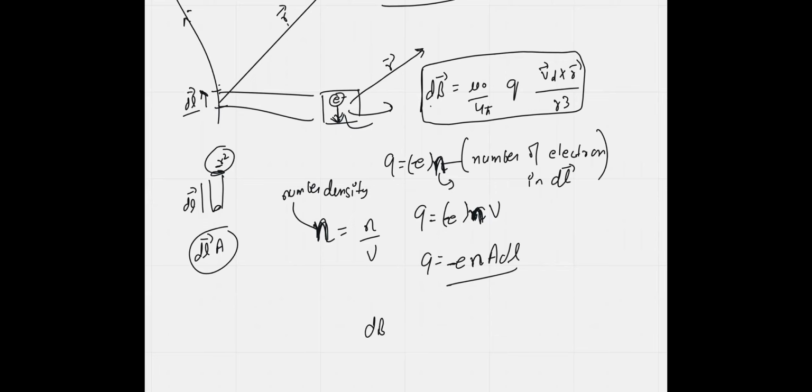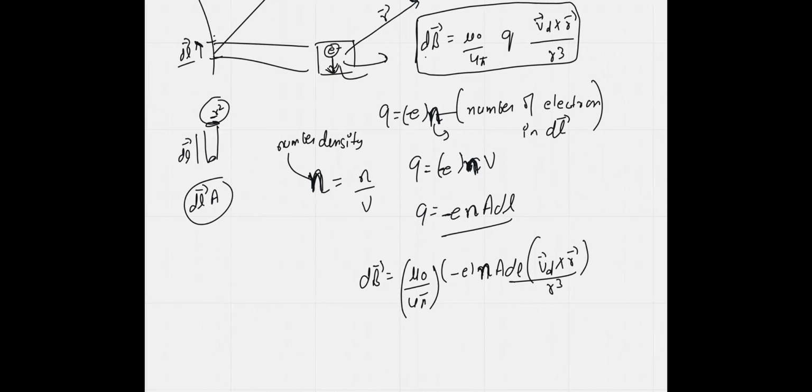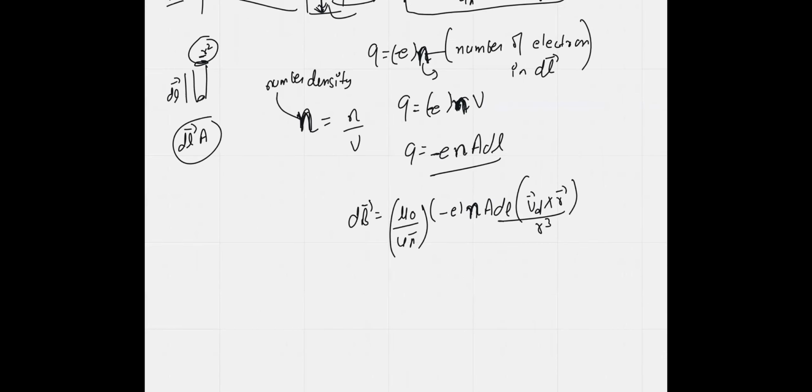So dv will come out as mu naught by 4 pi, q is minus e, n number density, a dl, and vd cross r by r cube. Clear? Any doubts so far? Now let's simplify it a little bit.